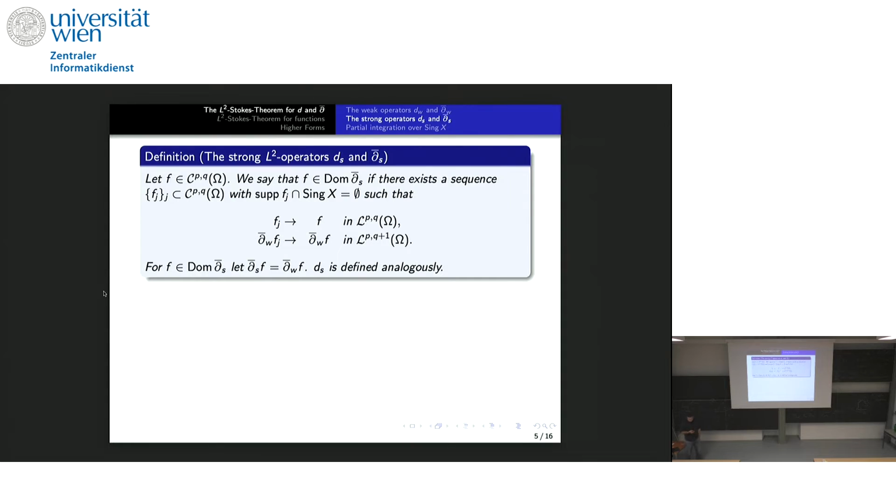Okay. Now we have to consider another operator, namely the strong L2 d bar operator.